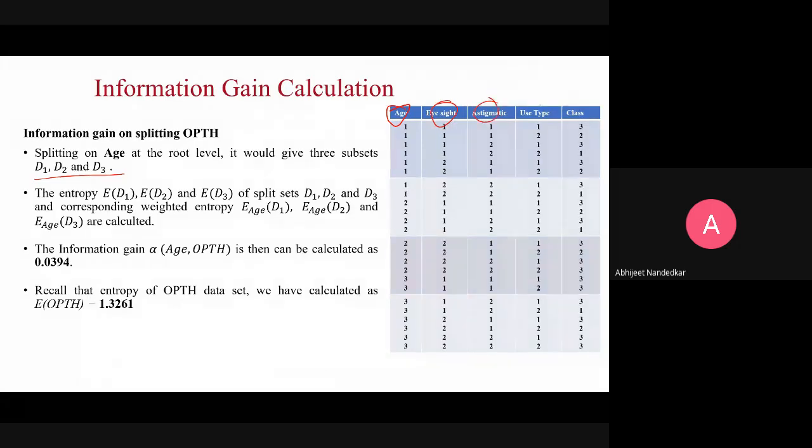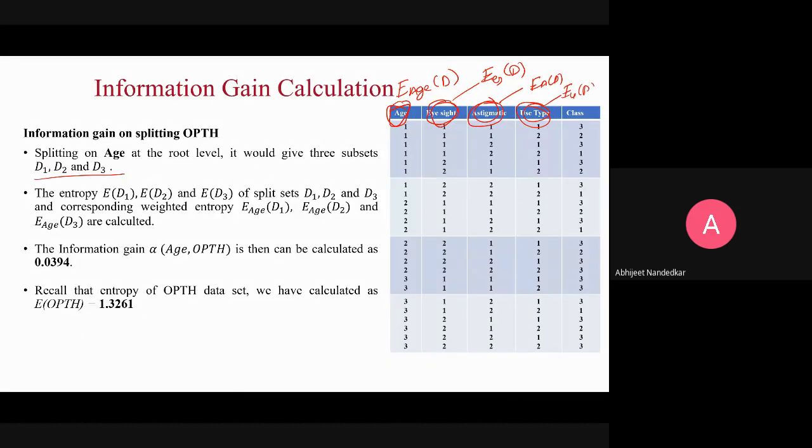So what we have to do basically is we calculate a split entropy for age, then we take eyesight, then astigmatic, and then use type, and we calculate E_age(D), then E_eyesight(D), E_astigmatic(D), E_usetype(D).